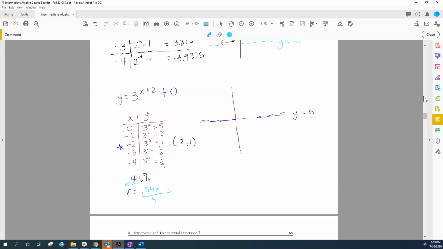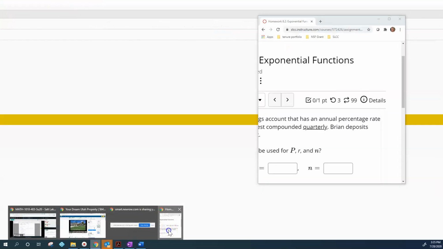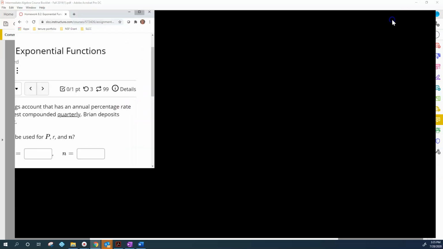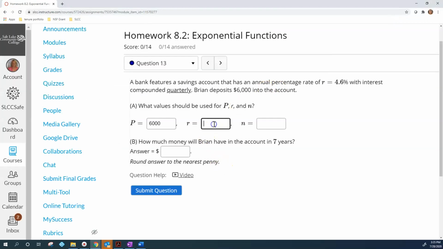So when I put that in my calculator, 0.046 divided by 4 gives me 0.0115. So that's what I want to put in here for my R. I'm not going to put the 4.6, and that's where some people get a little bit confused.